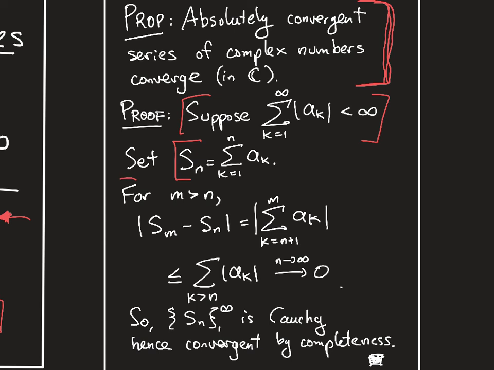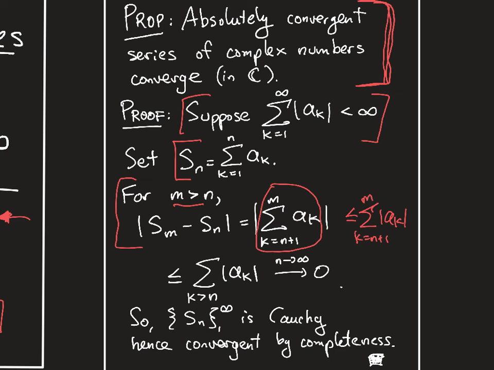So in any case, if you look at the difference between two partial sums where m is bigger than n, you get this sum from n plus 1 to m of the terms of the series. And you can bound this by using the triangle inequality and putting absolute values in.